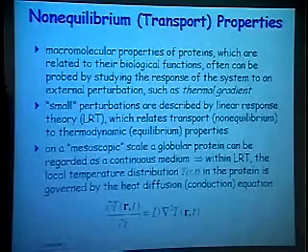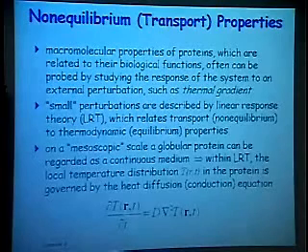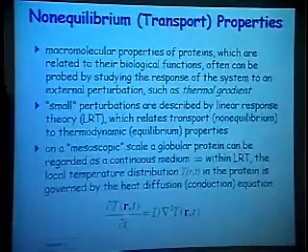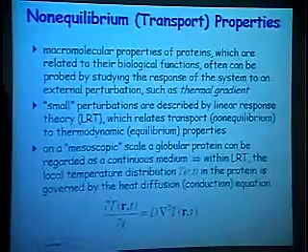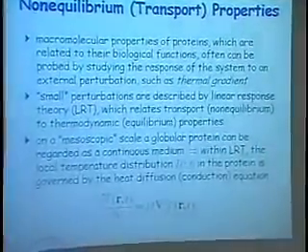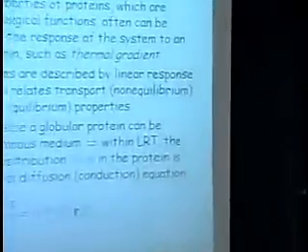So in order to investigate the response of a protein to a temperature gradient, this is actually quite a general way of studying condensed systems. Namely, you apply an external perturbation and you see what is the response of the system to that perturbation.